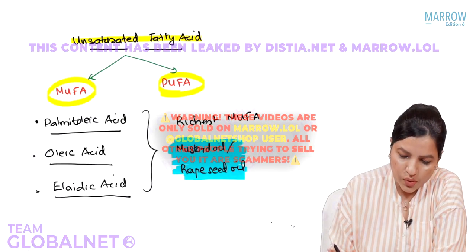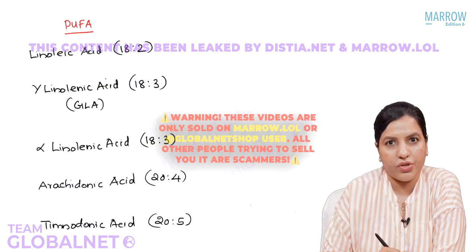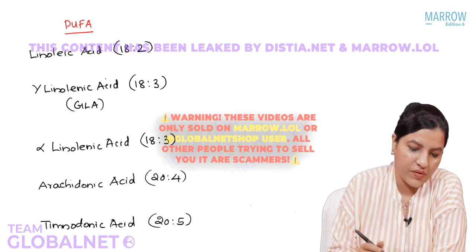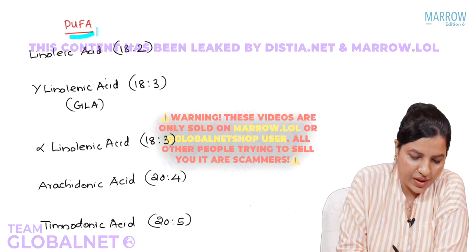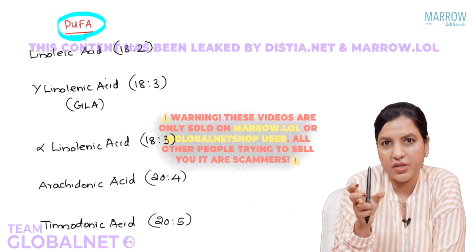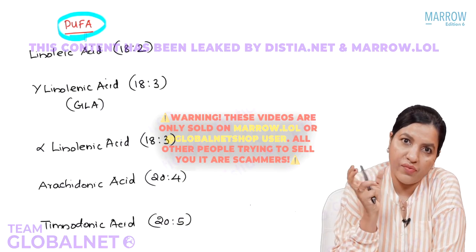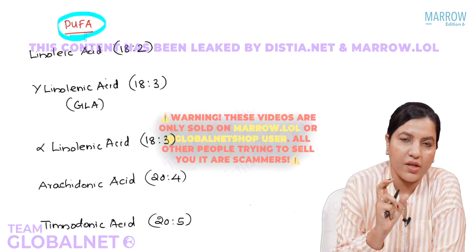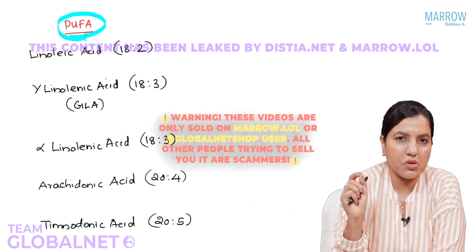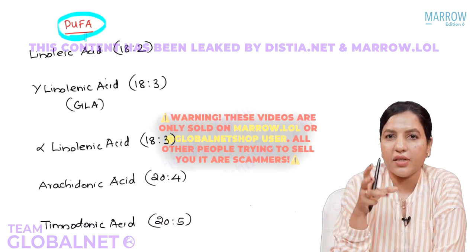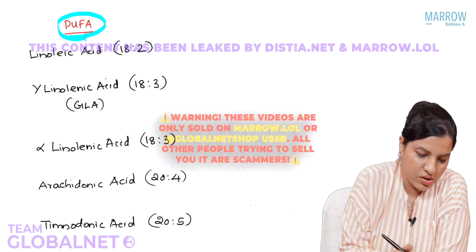Now, we are going to learn about the polyunsaturated fatty acid. You all know this is a very, very important topic. We are going to see the examples, how many double bonds are present and which is the richest source. Wherever I have written the richest source, I will tell; for the others, I will just tell you the sources.